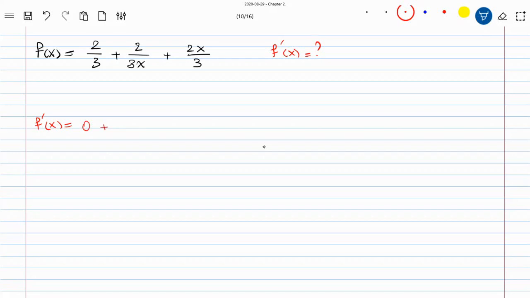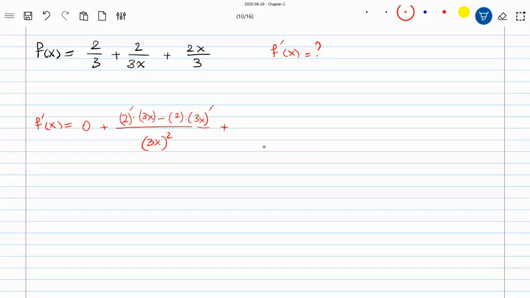Derivative of 2 over 3x. You can use the quotient rule. You have a fraction. So what would be the derivative? It would be the derivative of the numerator multiplied by the denominator minus, use parentheses just to make sure, minus numerator times the denominator derivative, all divided by denominator squared, (3x) squared, use parentheses, plus 2x over 3.